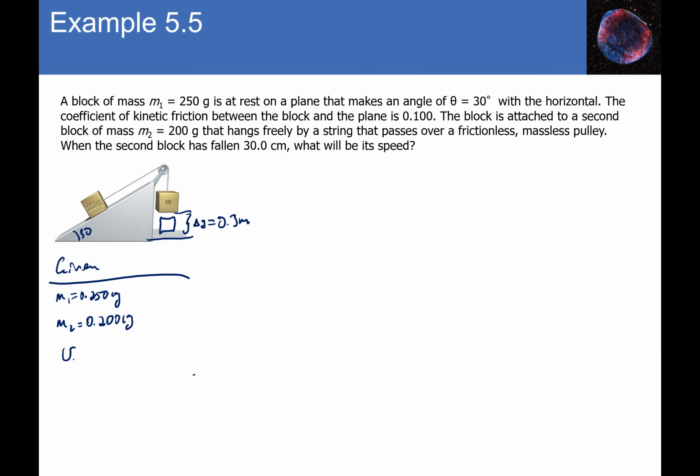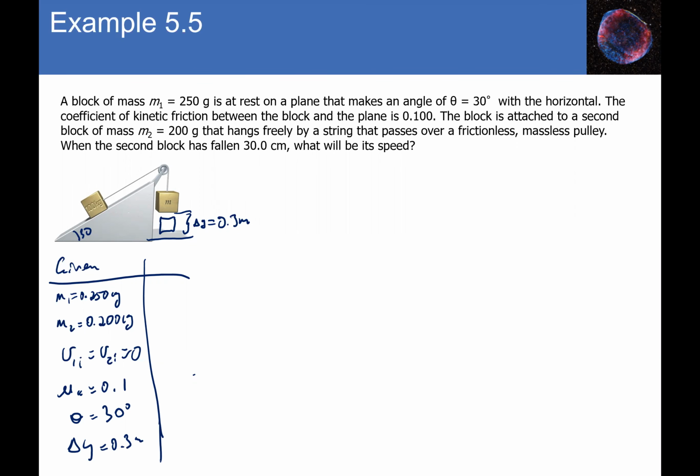We're also given that V1 initial equals V2 initial equals 0. We can assume that they start from rest. Also, we are told that there's a coefficient of kinetic friction of 0.1, theta equals 30 degrees, and delta y is 0.3 meters.